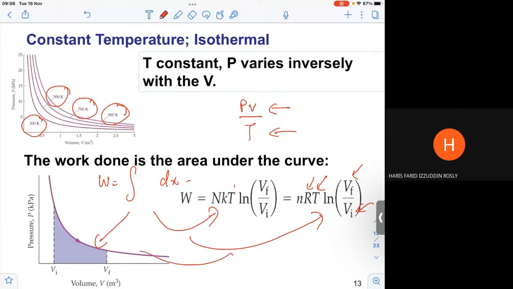So these are the area under the graph that you can calculate for the constant temperature, or as you call it, the isothermal process.